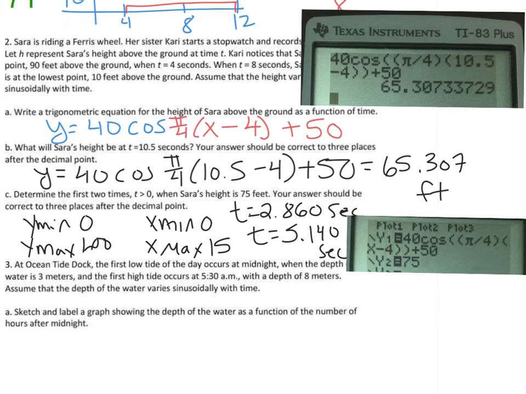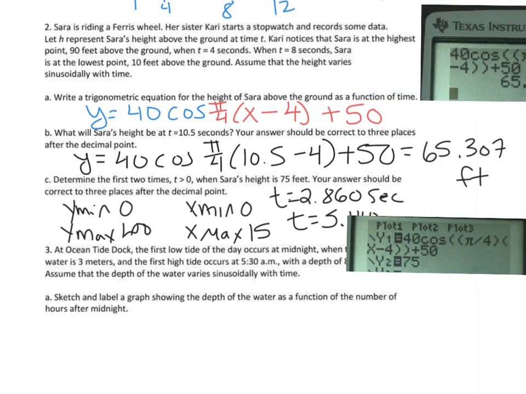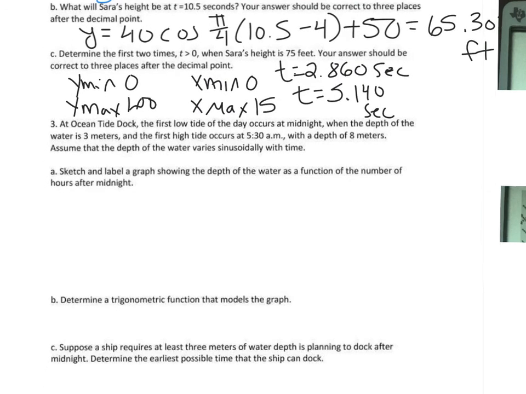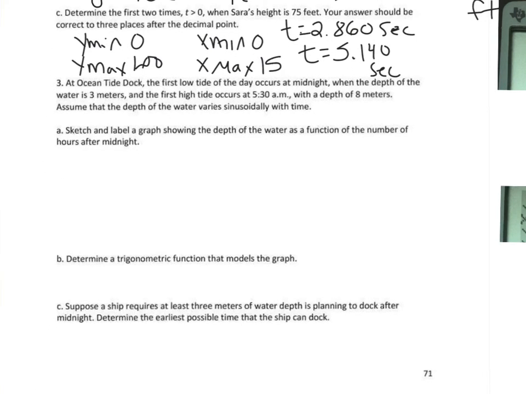Okay, last but not least, number 3. The ocean. Oh good, we have to sketch a graph again. The low tide is at midnight, so that's 3 meters on the y-axis.